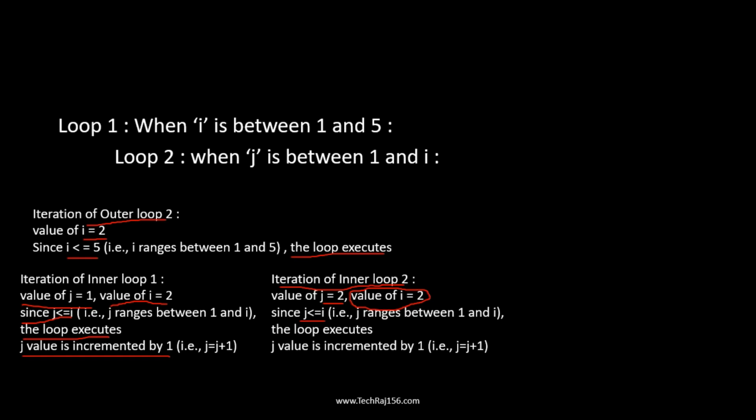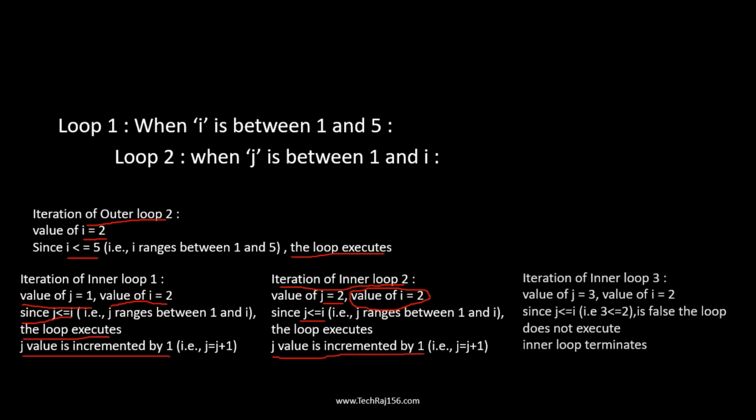So once again the loop is going to execute, all the statements inside the inner loop are executed, and the j value is at last incremented by 1. In the third iteration of the inner loop, the value of j is 3, and the value of I remains 2 because we haven't yet incremented it.